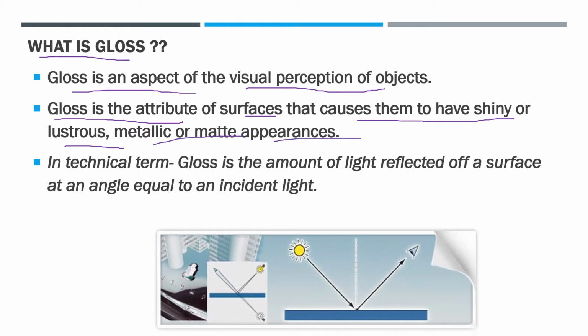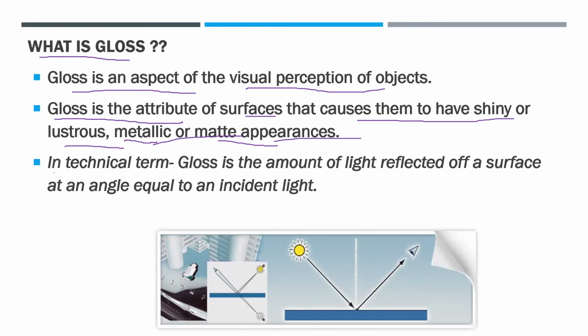Metallic is something sparkly, glittery and shimmery, and a matte finish is a very dull finish having a low gloss.